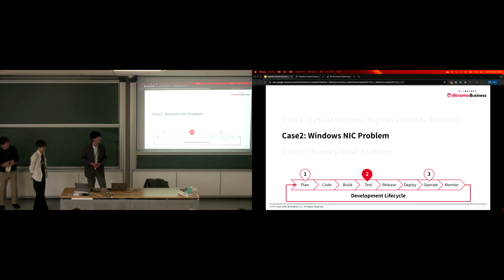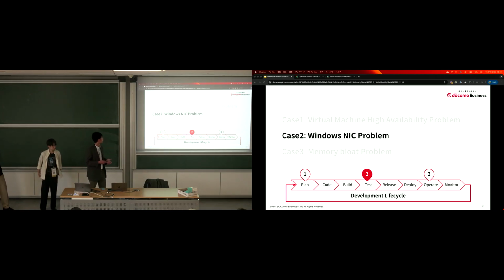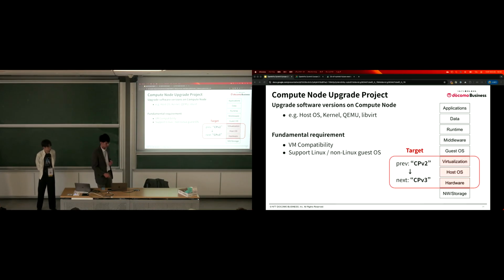I'm Kazuma Inokuchi. In this case too, let me introduce a new problem, a network interface card problem we encountered with Windows VMs. The background for this problem is a project to upgrade compute nodes.